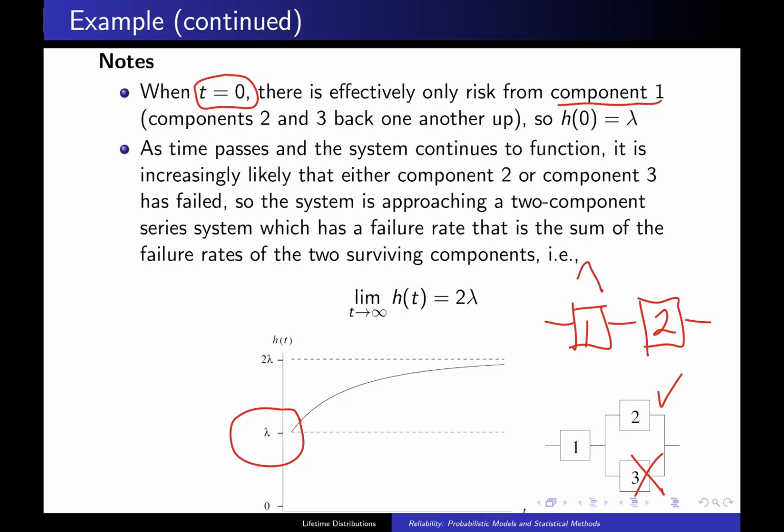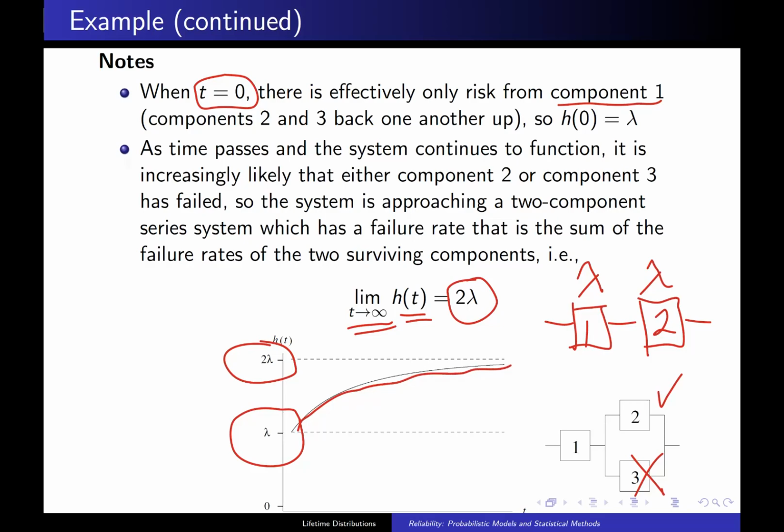And if you remember, if each of these has failure rate lambda, we add those two lambdas together, and so in the limit, as t goes to infinity, this hazard function is going to approach 2 lambda. So that's an explanation for how the hazard function takes on this particular shape.